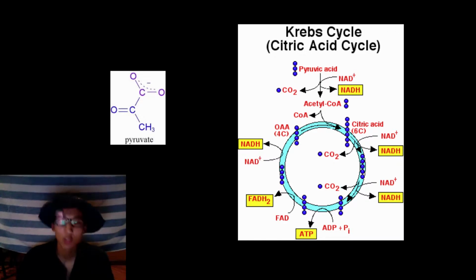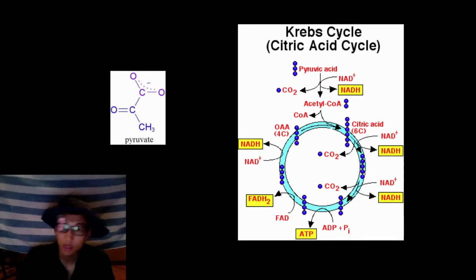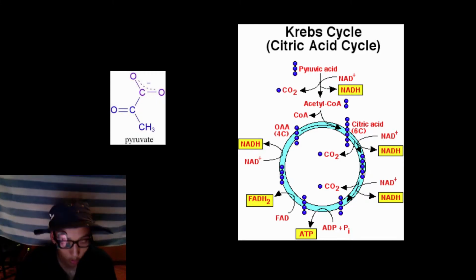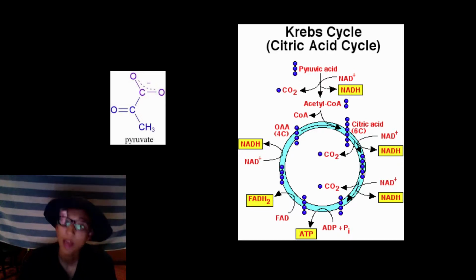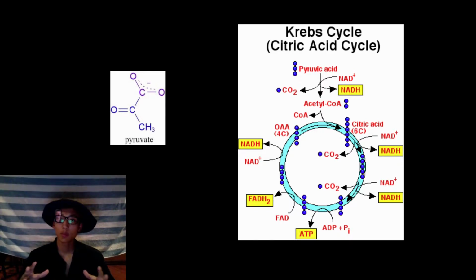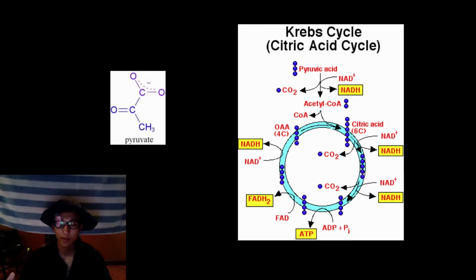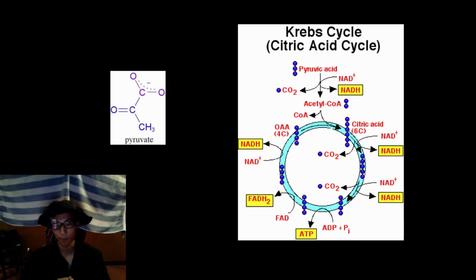So 2 turns, 2 ATP. And from the two turns, we will also receive NADH and FADH. Total, from two turns, there will be 6 NADH, 2 FADH, and 2 ATP.